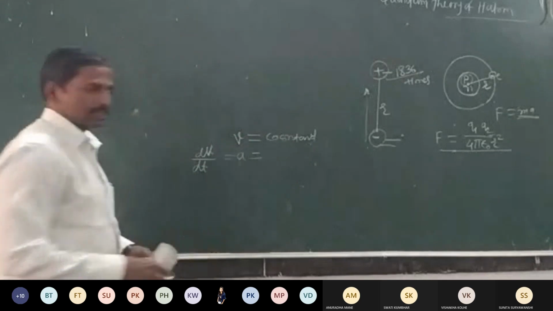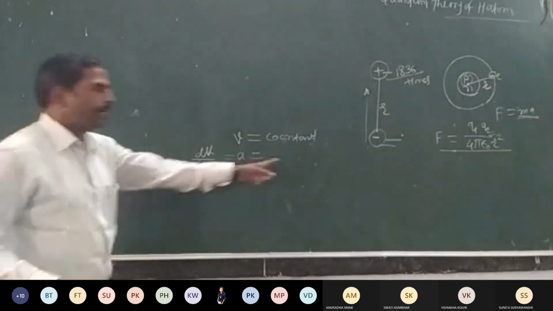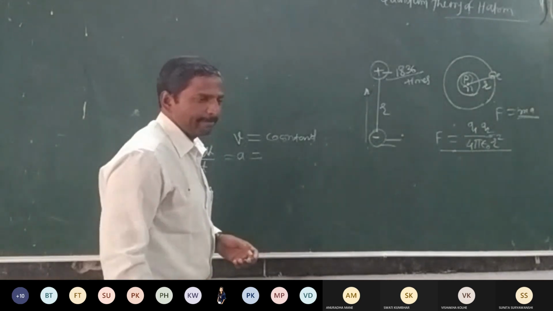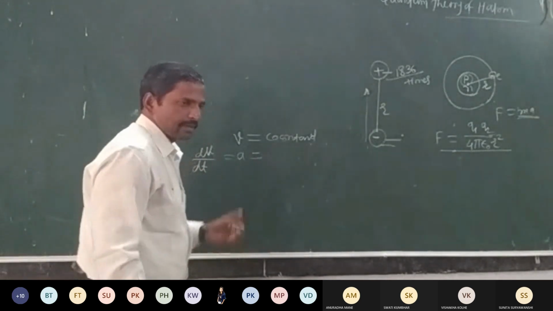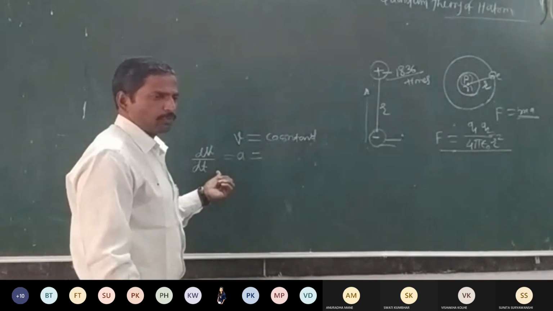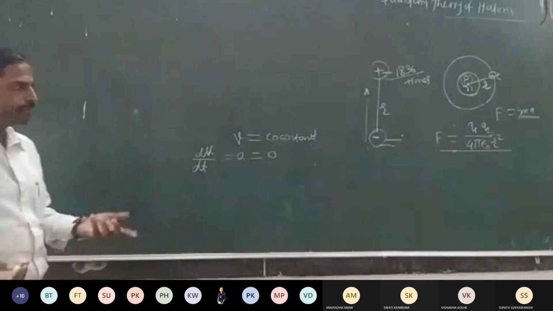If v is constant then dv by dt is a and a is the derivative of constant, काय आहे? What is the derivative of constant? 0. Yes, absolutely right, derivative of constant is 0.